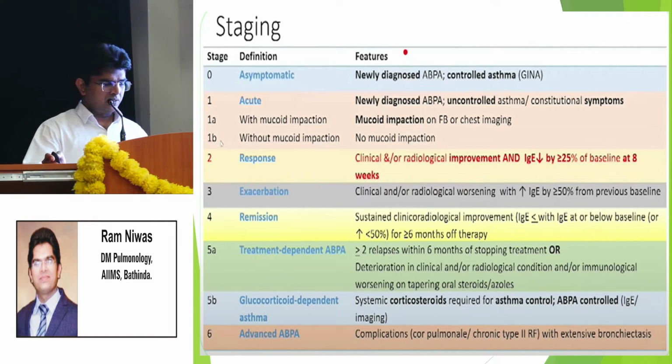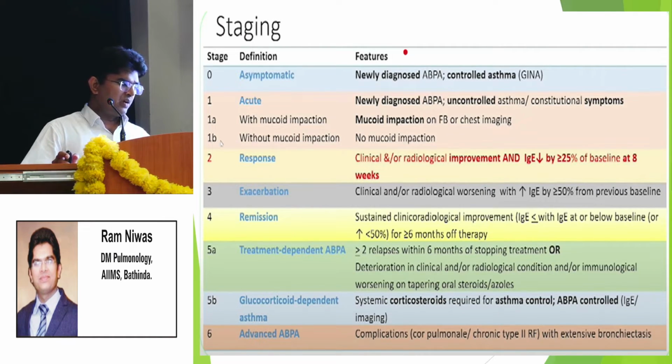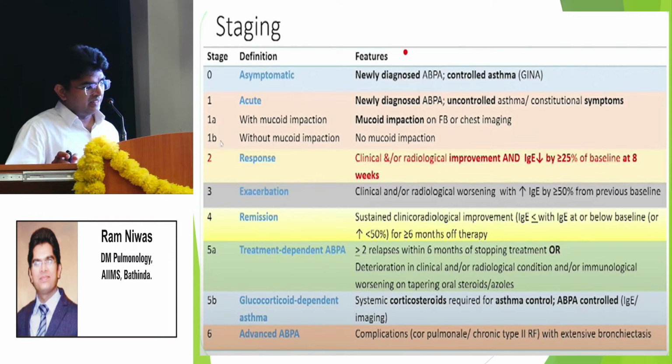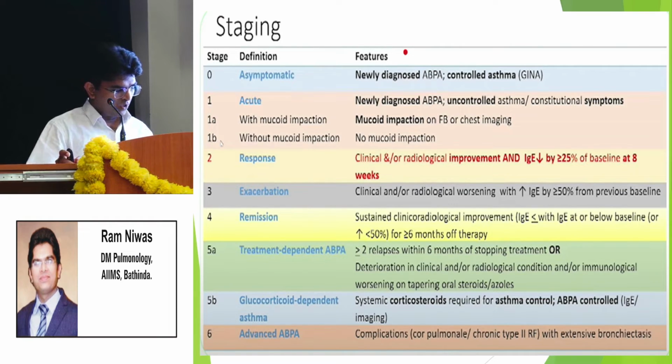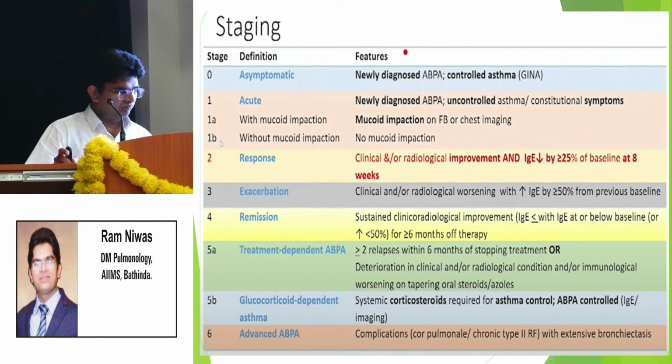If there is clinical or radiological worsening after starting of treatment and there is increase in more than 50% of IgE, then it is classified as stage of exacerbation. If there is sustained clinico-radiological improvement for more than 6 months, then it is staged as stage of remission, stage 4.